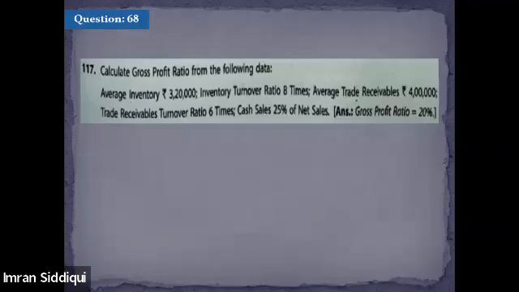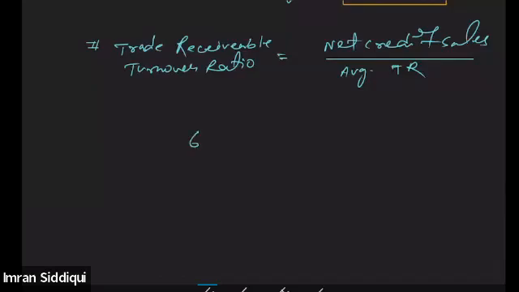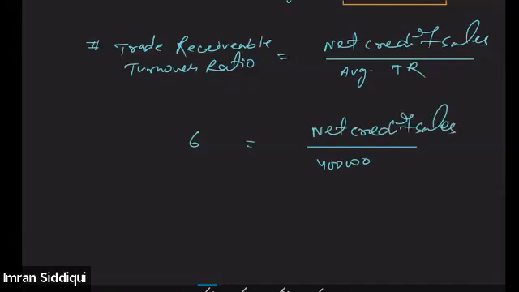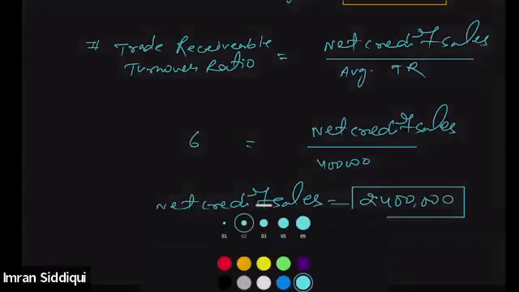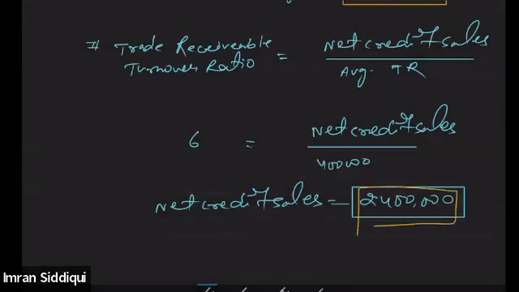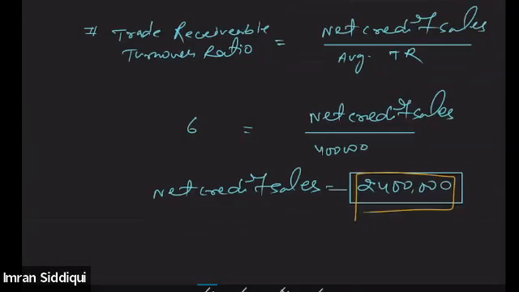The average trade receivable is also given, it is 4 lakhs, and the turnover ratio is 6. So eventually, net credit sales will be 24 lakhs. We got the answer for the net credit sales, right, everyone?